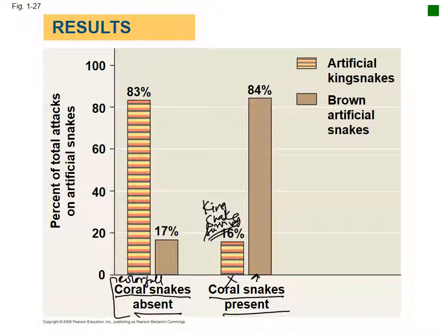So he has adapted to look like the coral snake. The experiment supports my hypothesis that this kind of adaptation is seen, and the best explanation for this is mimicry.